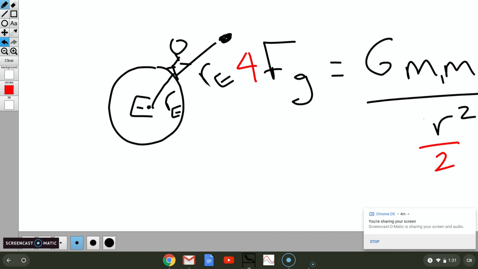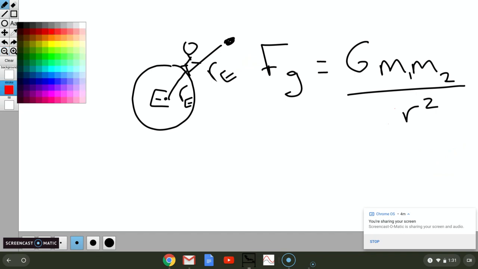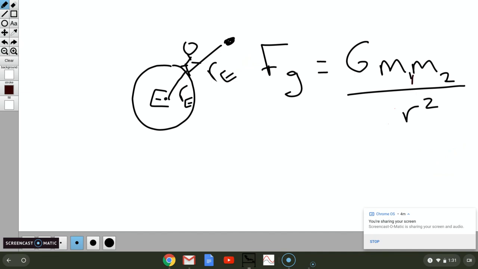Now, that's important to realize, because what we also need to talk about is: why do we experience the same gravity over and over again? All of the gravity that we've been calculating, we've done so on Earth. So the mass number 1 here is usually just the mass of the Earth.